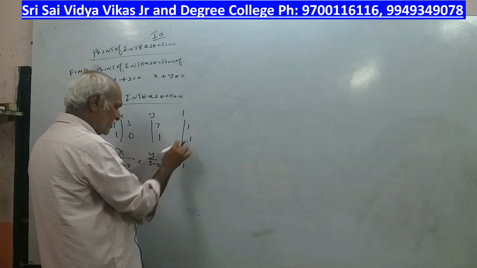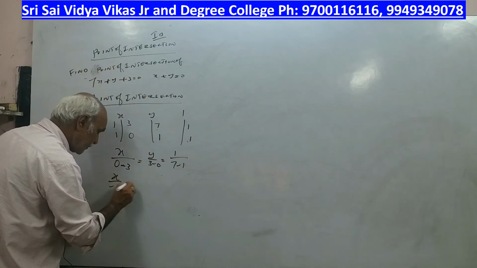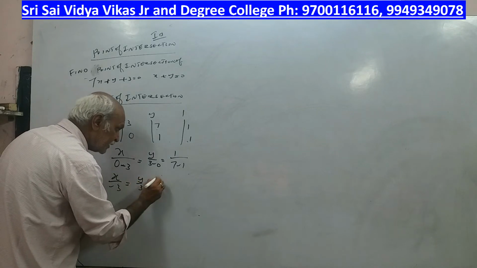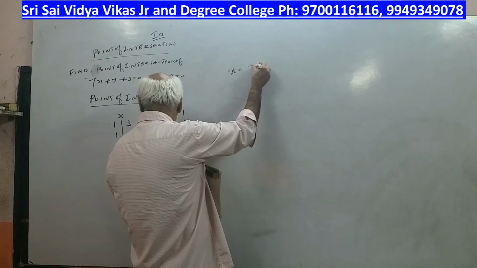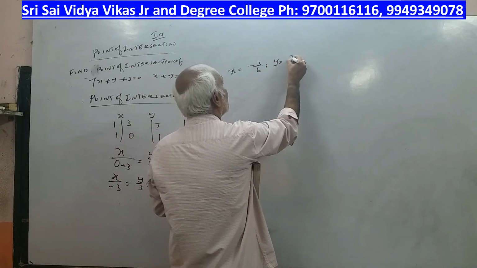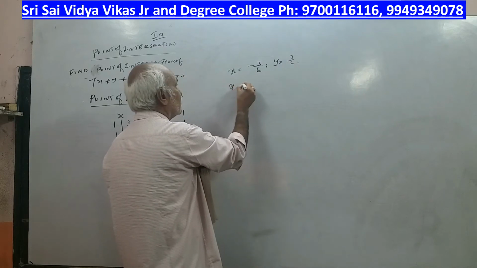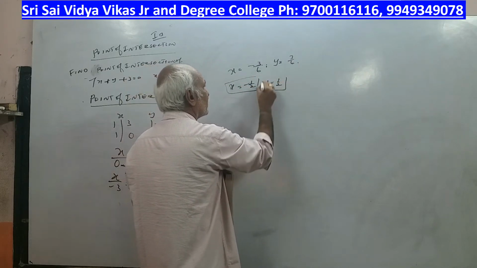Next, 7 minus 1. So, this becomes what, sir? X by minus 3, y by 3, 1 by 6. Therefore, x is equal to minus 3 by 6, y is equal to 3 by 6. So, x is equal to minus 1 by 2, y is equal to 1 by 2.